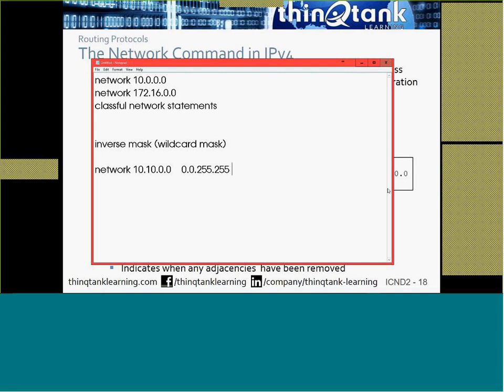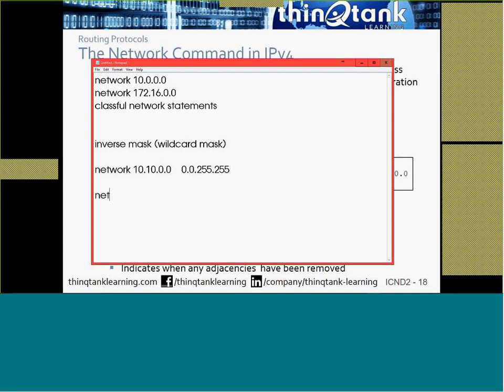Anything that starts with 10.10, that's right. You've had the benefit of going through the access list discussion. It essentially means the same thing. Zeros in the mask mean I care. Ones in the mask mean I don't care. So any interface on any router that starts with 10.10 is now going to be running EIGRP.